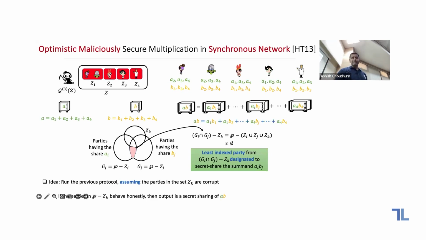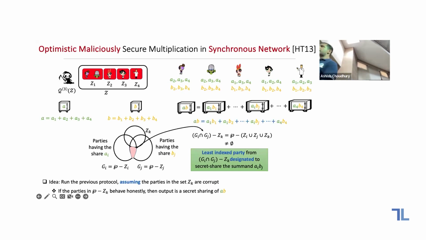Now the idea here is, if indeed our assumption regarding Zk is correct, that means if it's indeed the kth subset from the adversary structure which has been controlled by the adversary, then in the kth instance of this multiplication, the value that we are getting is indeed Ai times Bj.